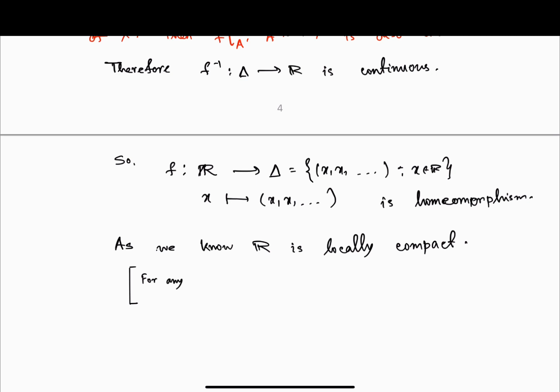For any a in R, a is contained in some open interval (c, d), which is again contained in the closed interval [c, d], and this is compact and that is open, right?